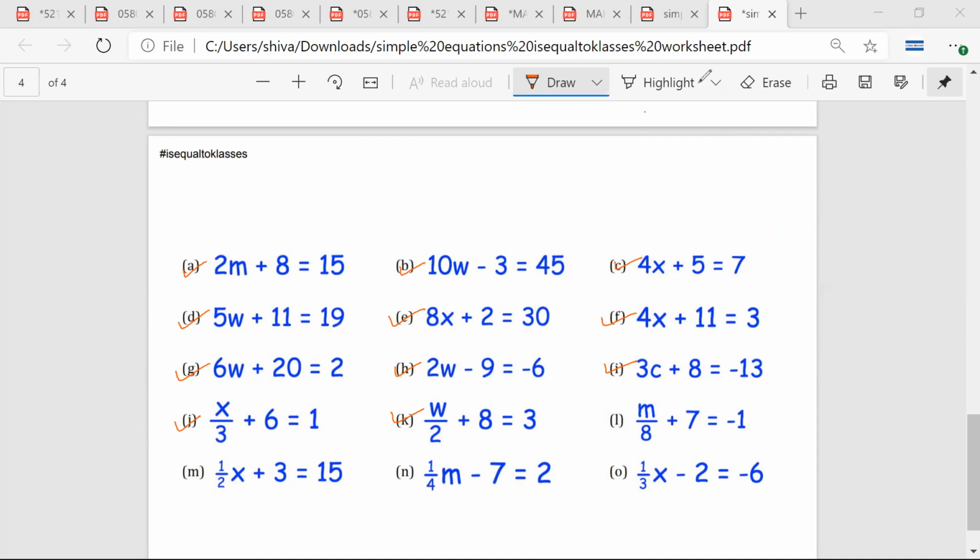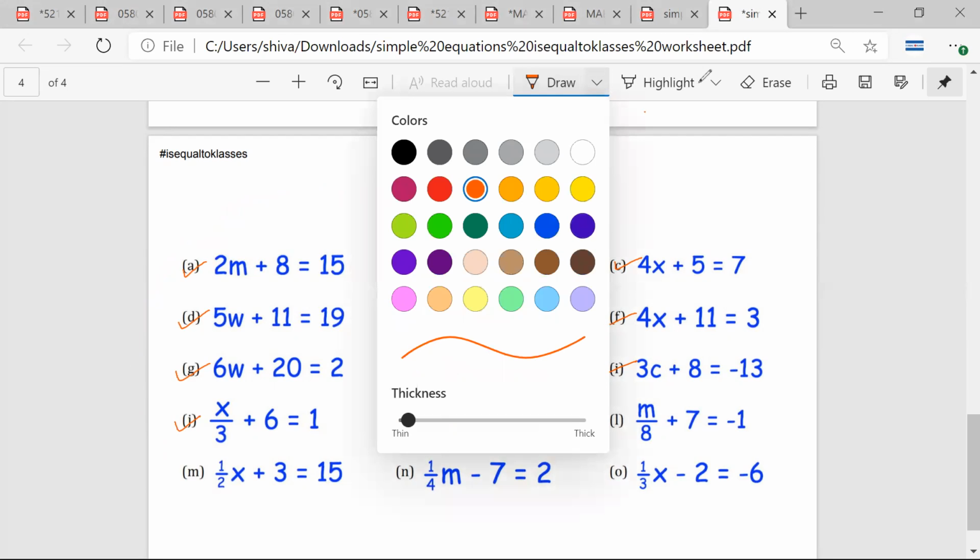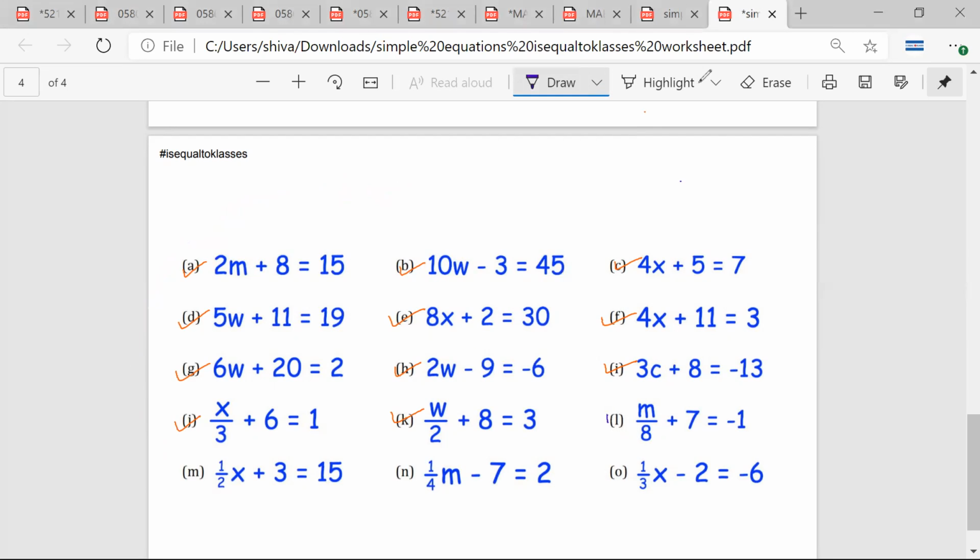See, we'll keep doing a lot of practice because equations require a lot of practice. In homework also, if you do practice, you will understand the things faster and better.